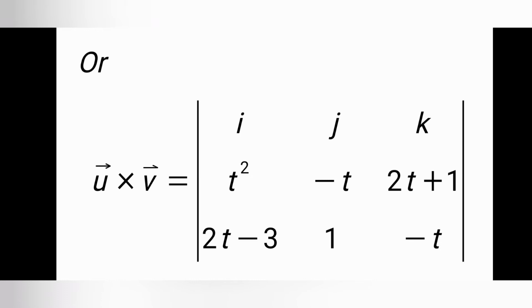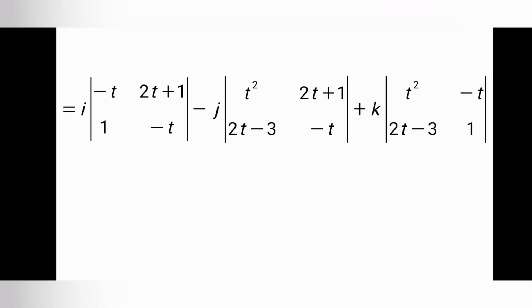The components of that determinant will be, on the first row we have i, j, k, and on the second row we have t squared minus t, 2t plus 1, 2t minus 3, and on the third row 1, and minus t.